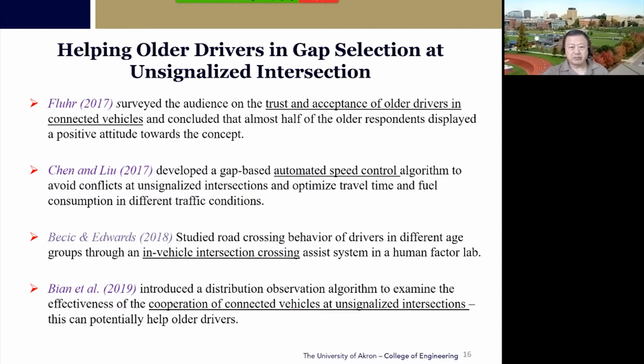In more recent years, a lot of work has been done, ranging from surveying older drivers on their acceptance of the idea of connected vehicles, to simulation-based automated speed control at unsignalized intersections to avoid conflicts, to in-vehicle intersection crossing in a human factors lab, to lab experiments studying the cooperation of connected vehicles at unsignalized intersections to help older drivers. So this is a simple list again. More or less, those are all simulation-based and in a lab environment.